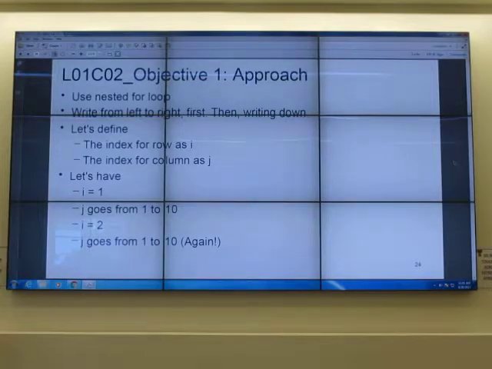We start by assigning I equal to 1, which means row 1. Then J moves from 1 to 10. Then I equal to 2, J moves from 1 to 10 again. Then I equal to 3, J moves from 1 to 10 again, and do until I equal to 10. So this is the nested for loop approach: we put a for loop inside a for loop.